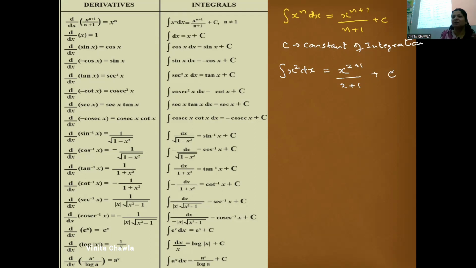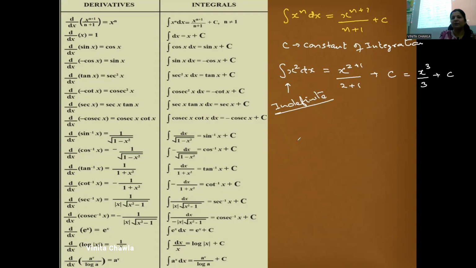This c represents the constant of integration. So we will get the answer as x cube by 3 plus c. Okay. This type of integration is called indefinite integration.